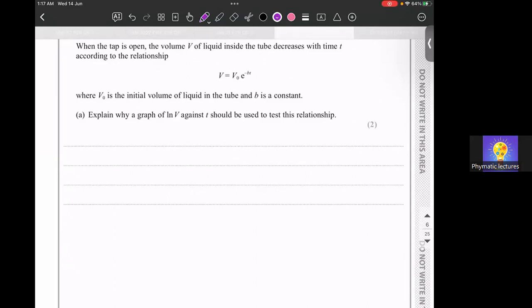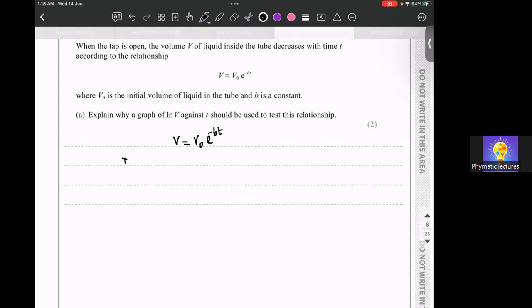Explain why a graph of ln V against t should be used to test this relationship. The equation for the volume and time is V = V0 e^(-Bt).